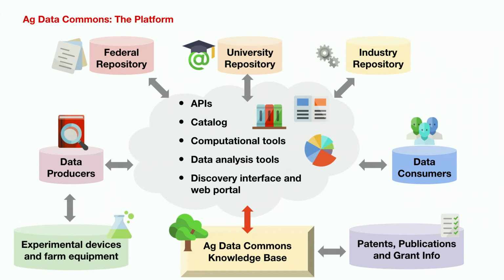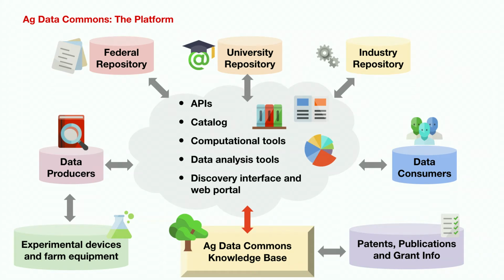They're at the National Agricultural Library, and they're trying to consolidate all information in the agricultural field, and they have implemented a DKAN-based project. Basically it's being able to take in data from federal repositories, university, and industry repositories, being able to put it into a centralized resource where all this information can be available.